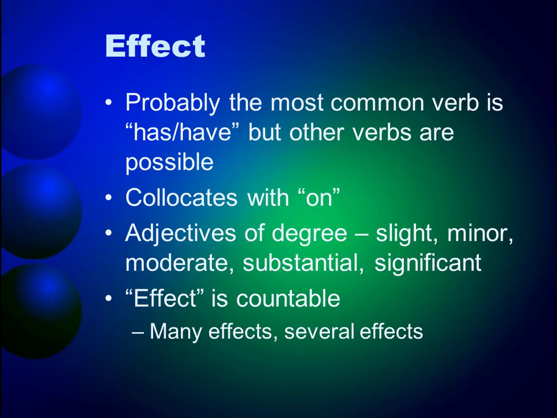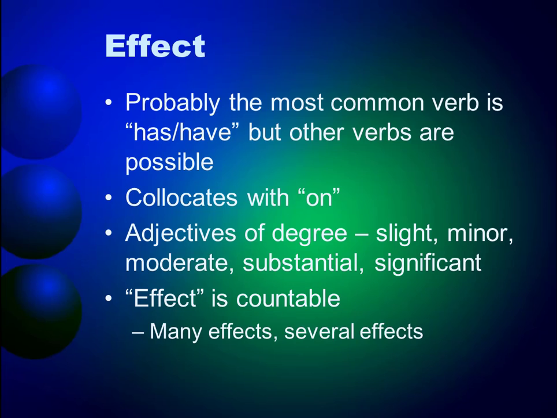Effect on. It is used with adjectives of degree: a strong effect, a mild effect, a slight effect, a substantial effect. Although it's generally used in the singular, it is countable.